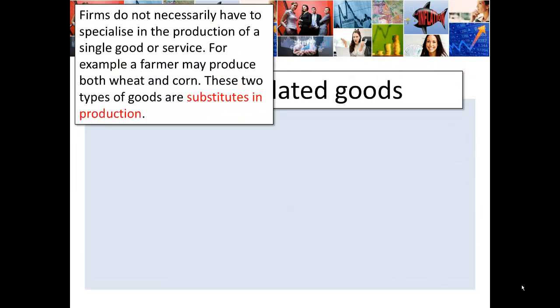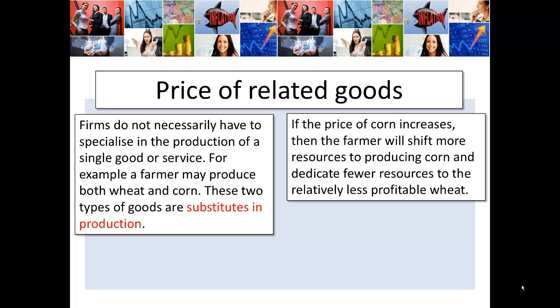Price of related goods. Now firms don't necessarily have to produce just one good or service. For example, a farmer can produce both wheat and corn. The baker can produce bread or cakes. So these 2 types of goods are substitutes in production.